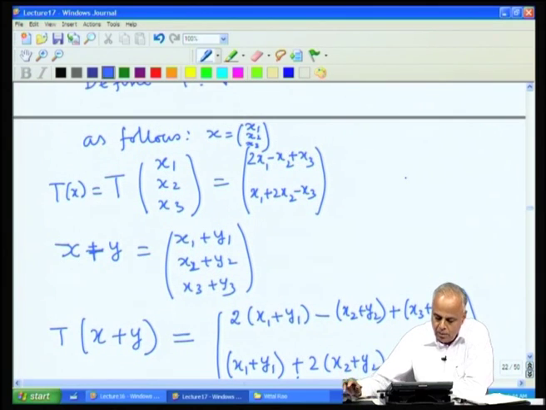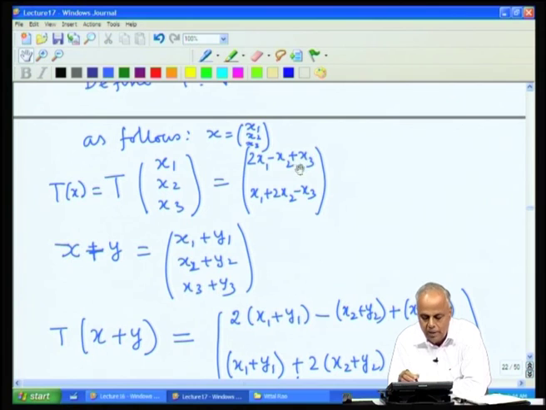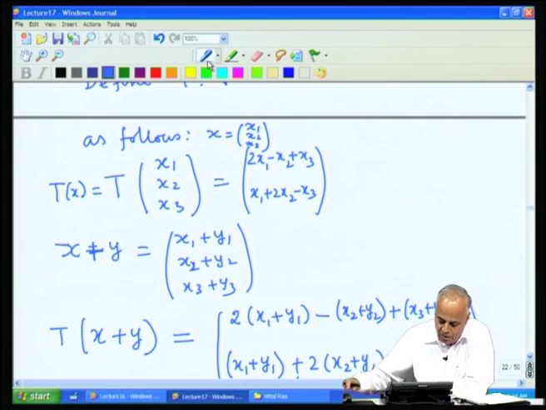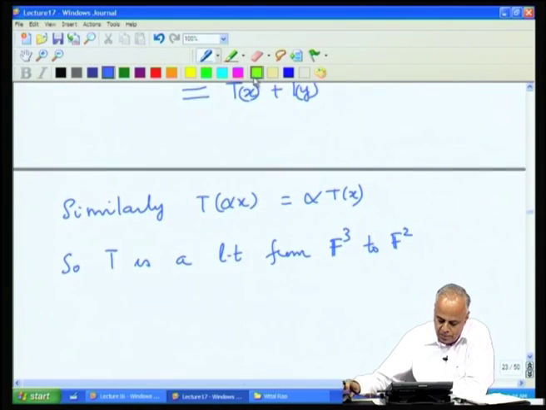Now, we have chosen the values 2, minus 1, 1 here, and 1, 2, minus 1 here. We could have chosen any a, b, c and another alpha, beta, gamma, and it would have still worked. So, it is easy to check.